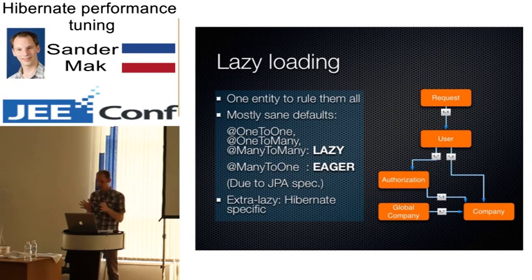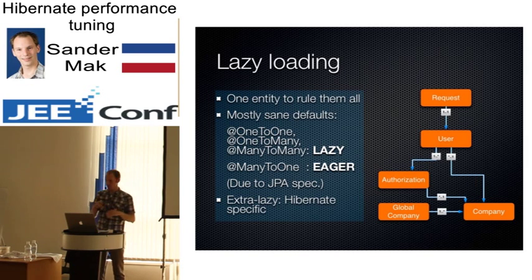So fortunately, JPA has made some sane defaults on the relations that you can have in your entities. So the one-to-one, the one-to-many, the many-to-many are all lazily loaded, which means that the actual data will only be retrieved when you access this lazy field of this lazy relation.